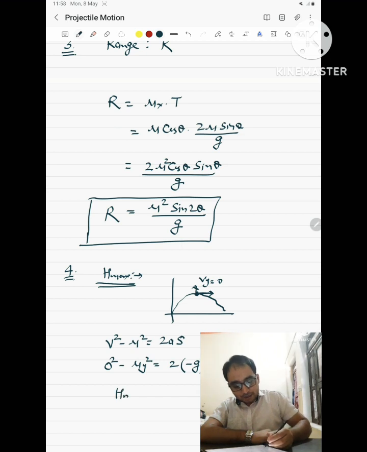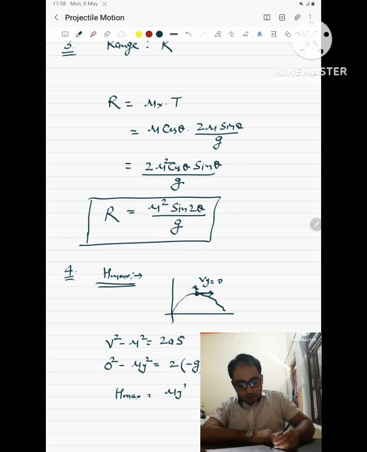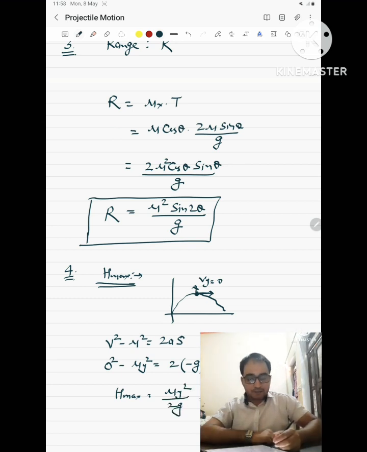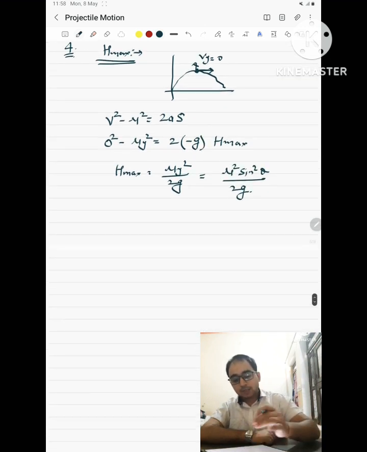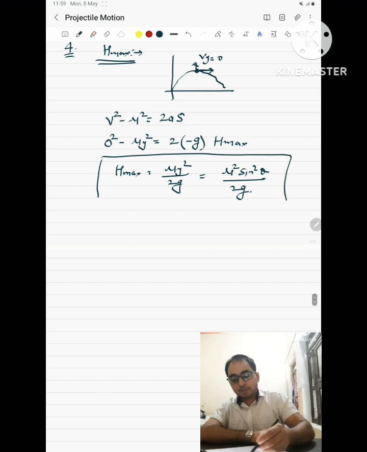So we get h max equal to uy square by 2g, and if we put the value of uy, it is u square sin square theta upon 2g. So this will be the maximum height.